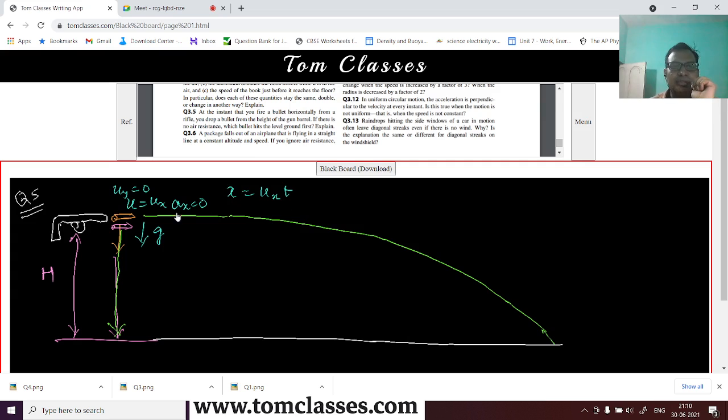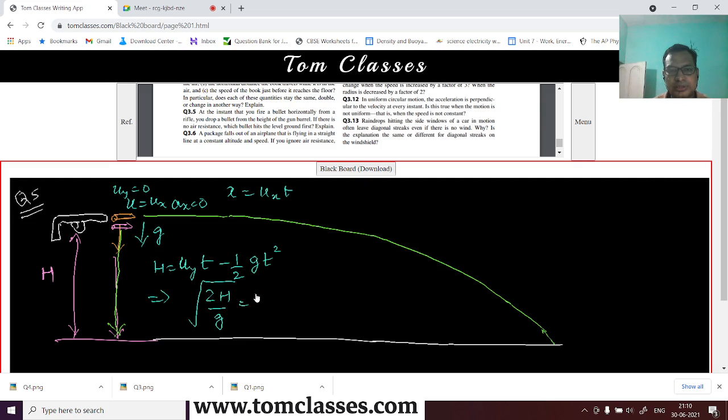Okay, and then this is g, right? So for this particular bullet, we know the linear equation: h is equal to uy into t minus half gt square, right? This is the time to fall this particular height. So this time is the square root of 2h upon g.